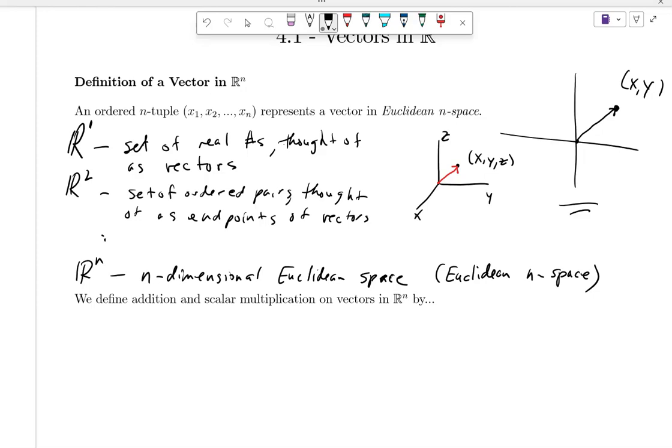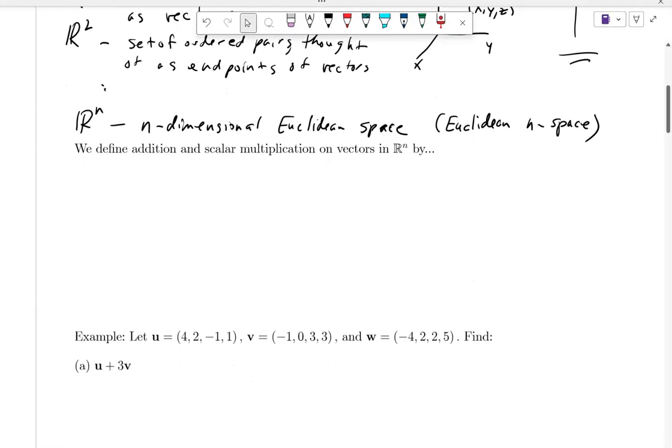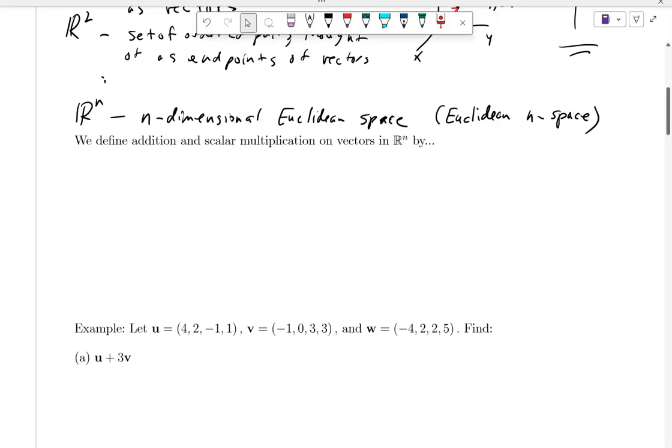In any event, let's talk about what we mean by addition and scalar multiplication. We've already talked about this graphically a little bit, especially when we were trying to understand what a determinant function might actually do. We talked about what adding vectors looks like and what multiplying a vector by a scalar looks like.